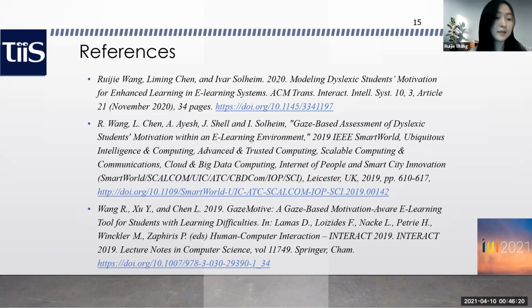The first one is the TiiS paper I'm presenting today. The second paper shows how I developed a classification model for motivation assessment using eye tracking data. The third one describes a software prototype that can provide personalized feedback based on one's motivational states assessed by eye tracking data in real time.